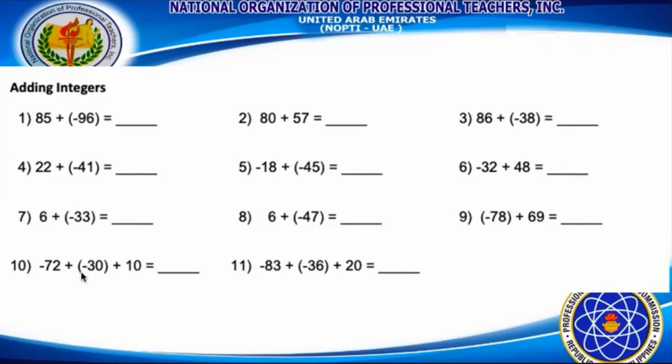Negative 11. Okay. Number 2, what's the answer? Both positive. So, positive ang sagot dyan, 137. Parang grade 1 na nag-a-add lang. Next, number 3. Positive yan kasi mas malaki yung 86. 48 ang sagot.